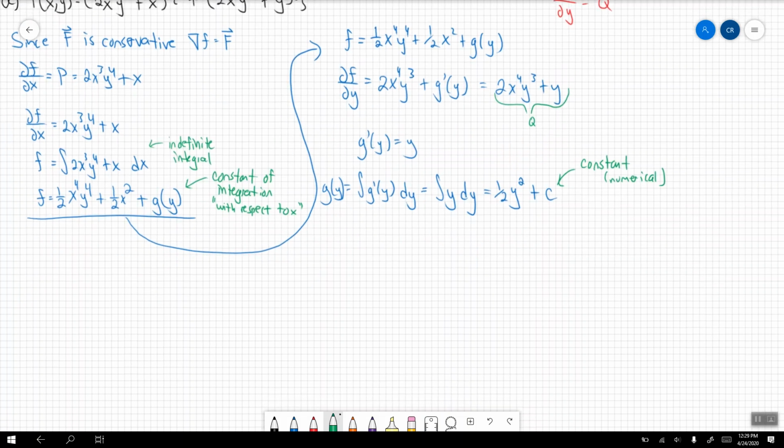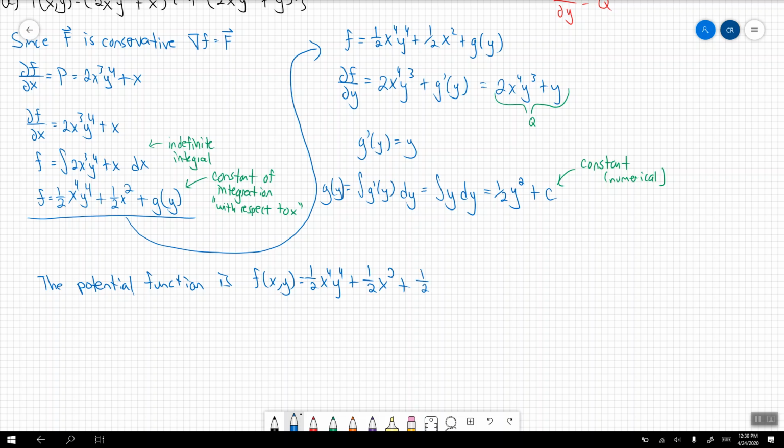So what is the potential function now? I'm going to write this here. The potential function is, and this is going to be f of x, y, it's going to be 1/2 x to the 4th y to the 4th plus 1/2 x squared plus this g of y, and this g of y, we found it to be 1/2 y squared plus c.